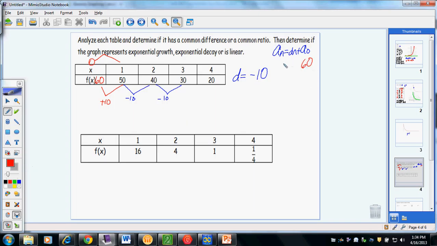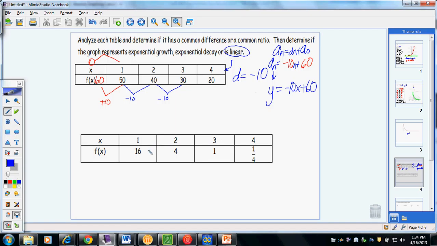My common difference is negative 10, and I have this explicit rule: a sub n equals negative 10n plus 60. Now this is a linear function because if I replace a sub n with y and n with x, I get y equals negative 10x plus 60. We know this is a line in slope-intercept form, where 60 is my y-intercept and negative 10 is my slope, which means that it is a linear function.